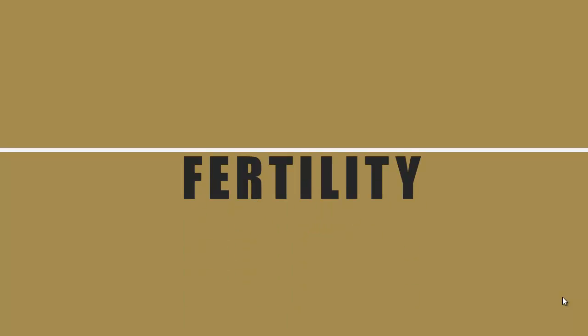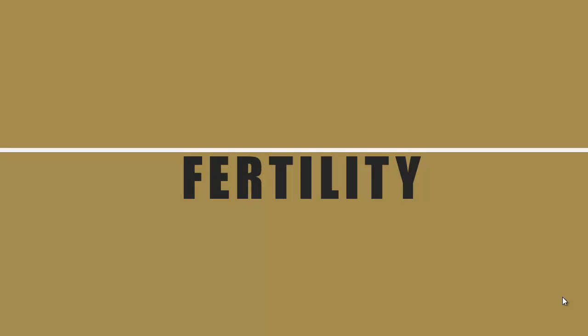Let's talk about the fertility. What's the meaning of fertility? We talked about the fertility from the first term. Fertility means the soil is good for planting or bad for planting.